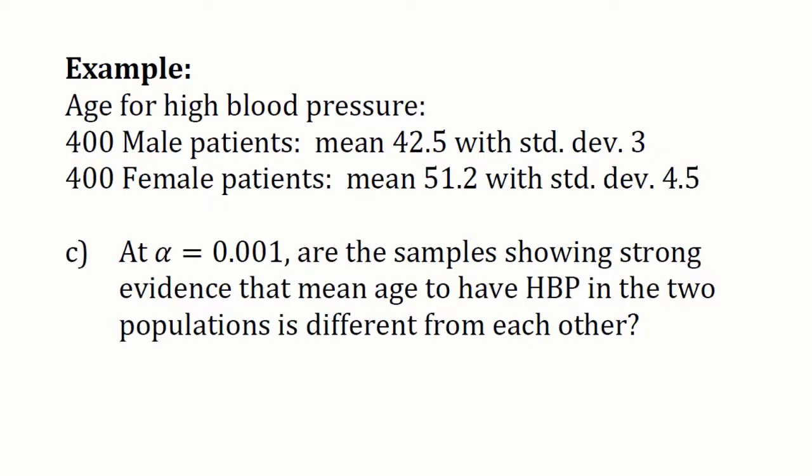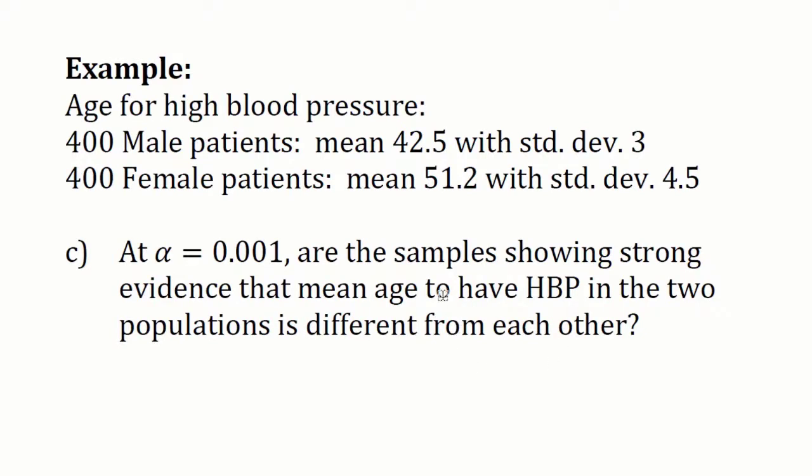The same example, and now let's look at a different question as part C of our current example here. Anyone can notice here that the entire description of all samples remains exactly the same. Now question C is asking, at significance level 0.001, are the samples showing strong evidence that the mean HBP, short for high blood pressure, in the two populations is different from each other?